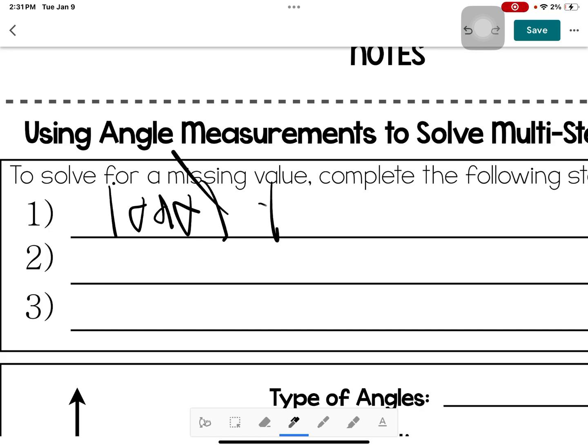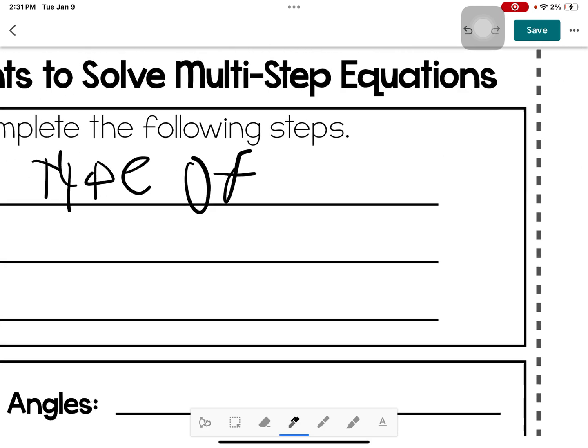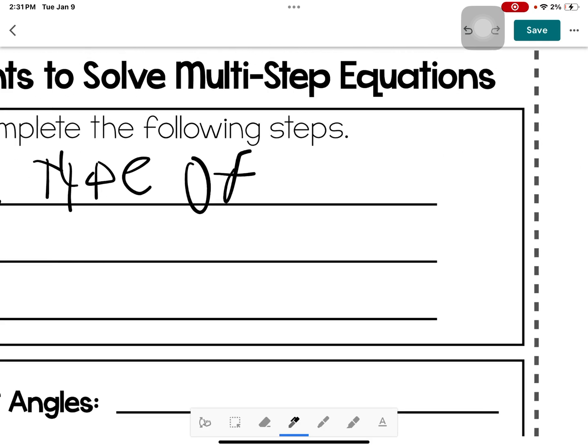the types of angles given. Sorry, I have bad handwriting. Do you know what we mean by that?